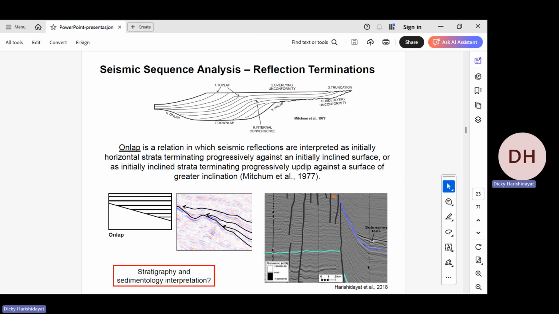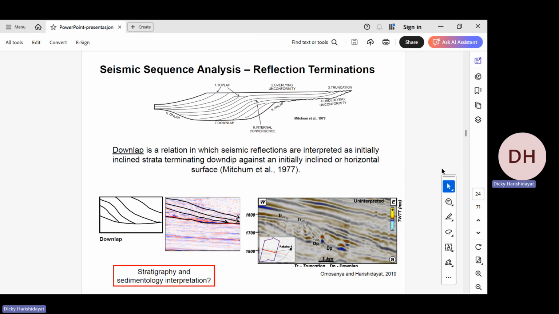And this is also easy to see on your seismic section. Wherever you have strata laying down on the older surface, that's where you have this onlap.